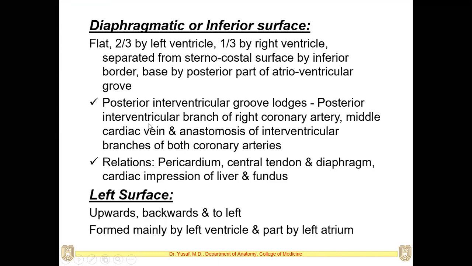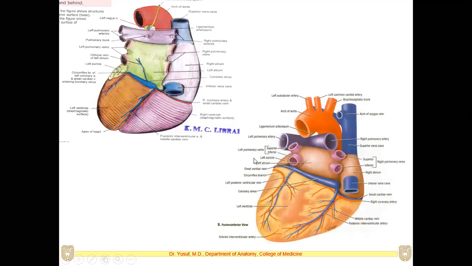Now coming to some of the important grooves and their relations. The posterior interventricular groove lodges the posterior interventricular branch of the right coronary artery, as well as the middle cardiac vein, and the anastomosis of the interventricular branches of both the coronary arteries. If you see here, this is called the posterior interventricular groove because it is between the two ventricles, left ventricle and right ventricle.